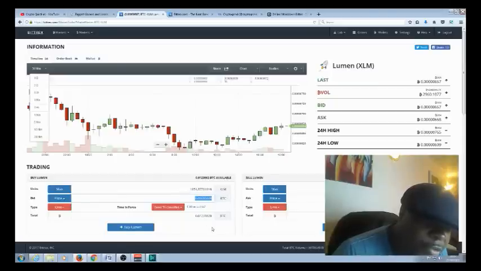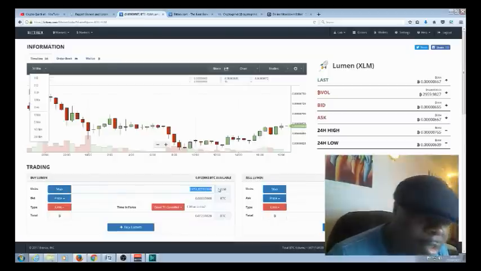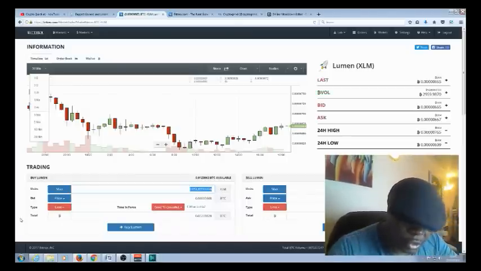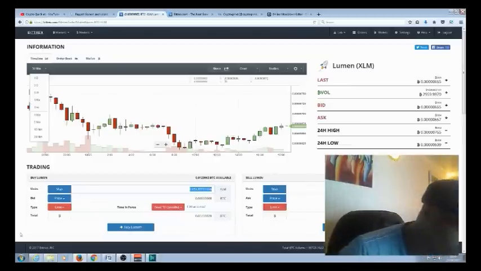Based on how much you're looking to spend and how much that currency was last bought for, it then gives you the amount of that currency that you'll be getting for your buck. So that's a trade right there, but there's more to it.